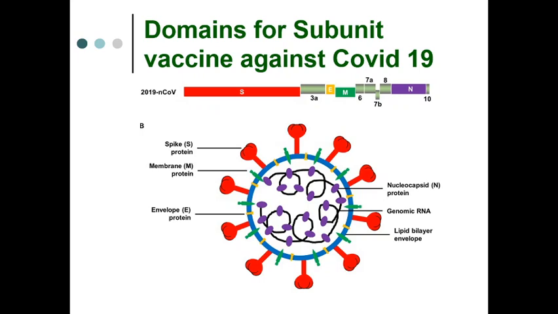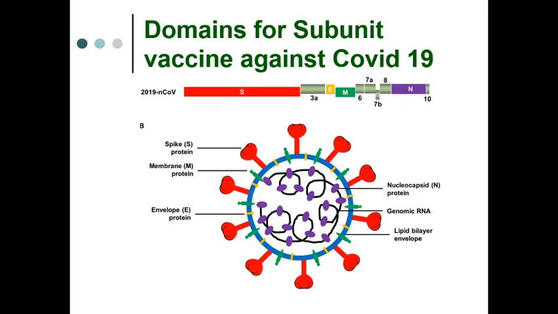Coming to the coronavirus, which caused the pandemic, which has a large number of antigenic determinants, and these antigenic determinants have been exploited for the production of subunit vaccines. Almost about 157 companies and 157 different types of vaccines have been attempted against the coronavirus. Some succeeded and some failed.